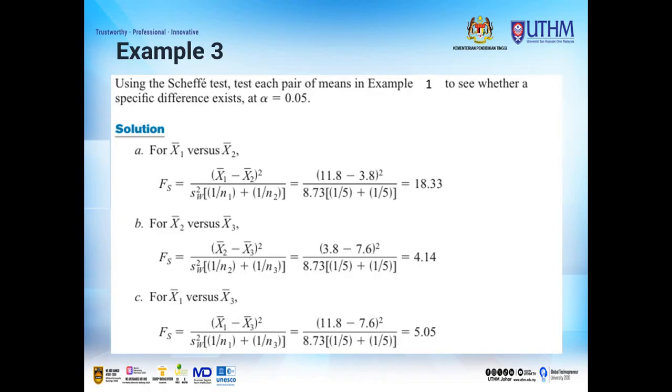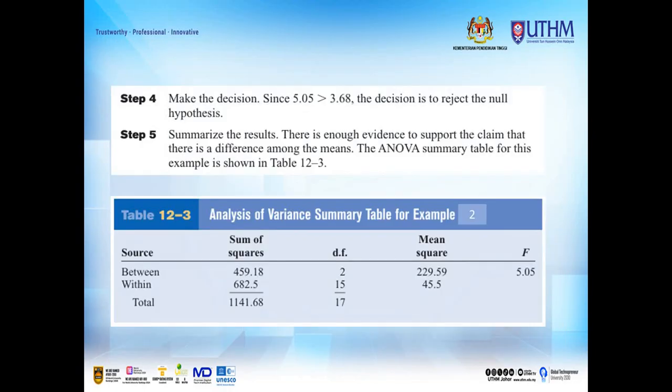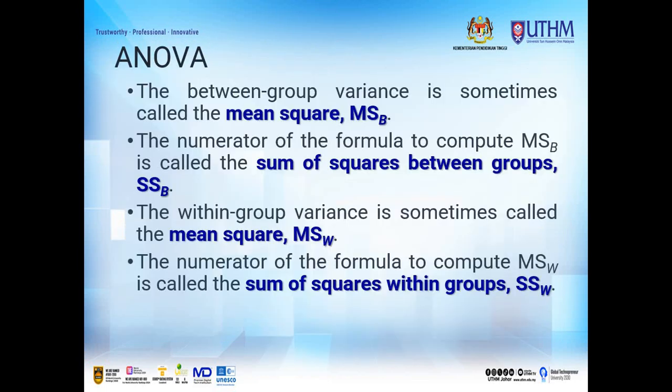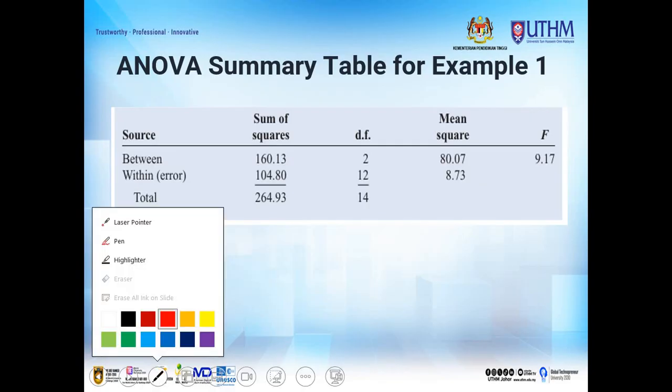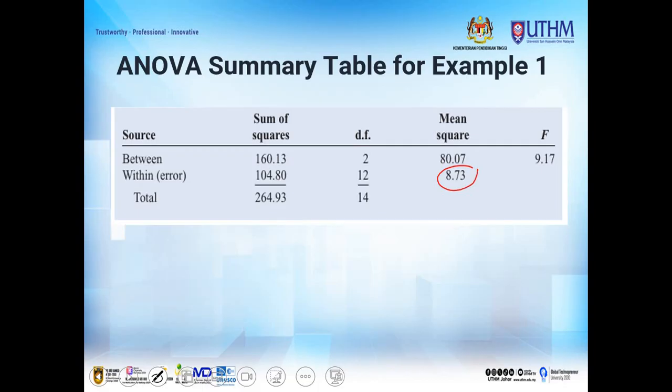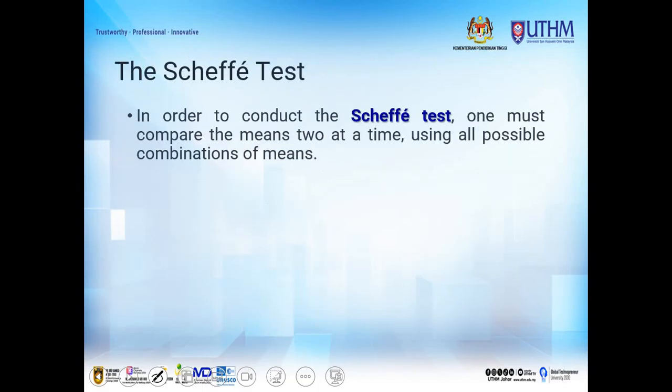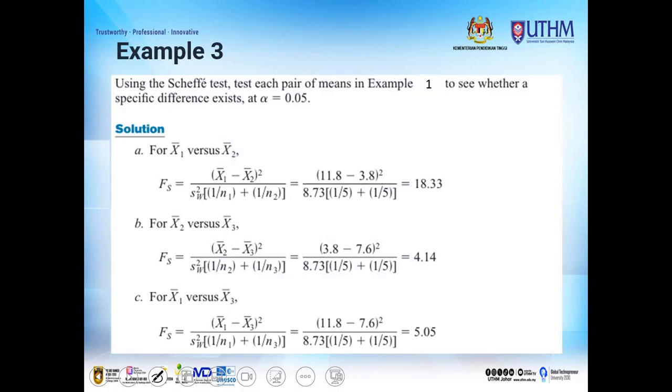Let's see where the variance comes from. Example number 1, this one, the within error mean square. So we get this: 1 divided by 5 plus 1 divided by 5, because we have two samples, x1 and x2. So you will get the value 18.33.